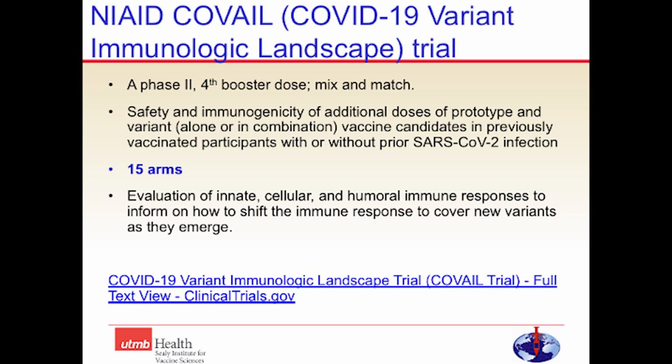One of the interesting trials that's going on at the moment, I have to say I'm biased because we're one of the sites involved in it, so I do have a conflict of interest. This is a NIAID study, which is called COVAIL, where they're comparing 15 different arms.